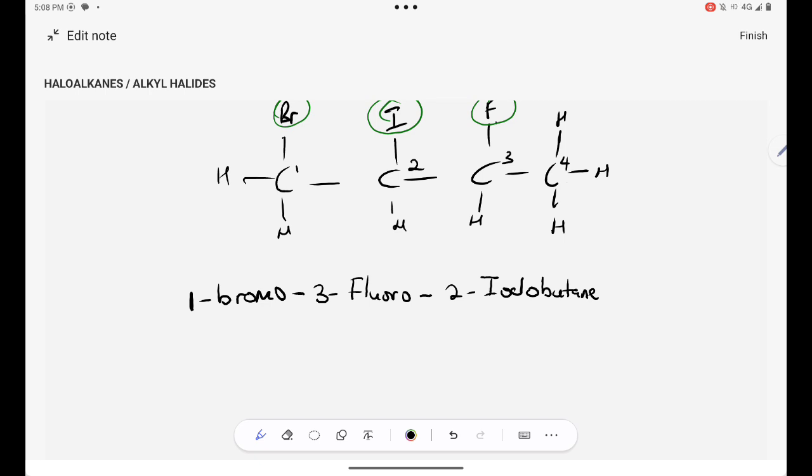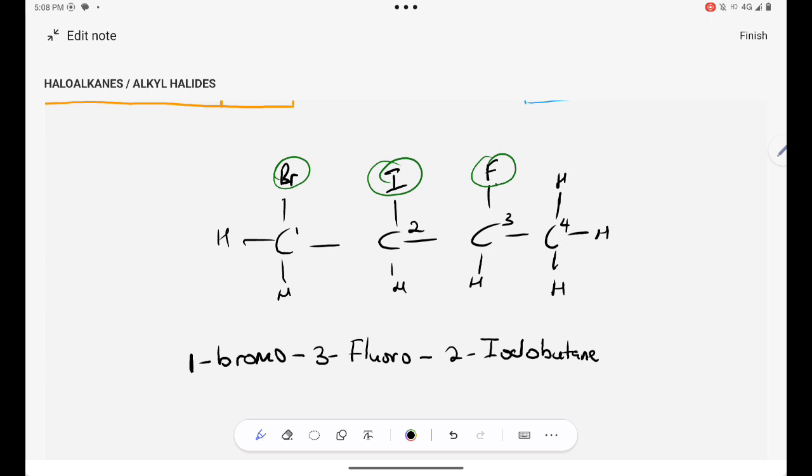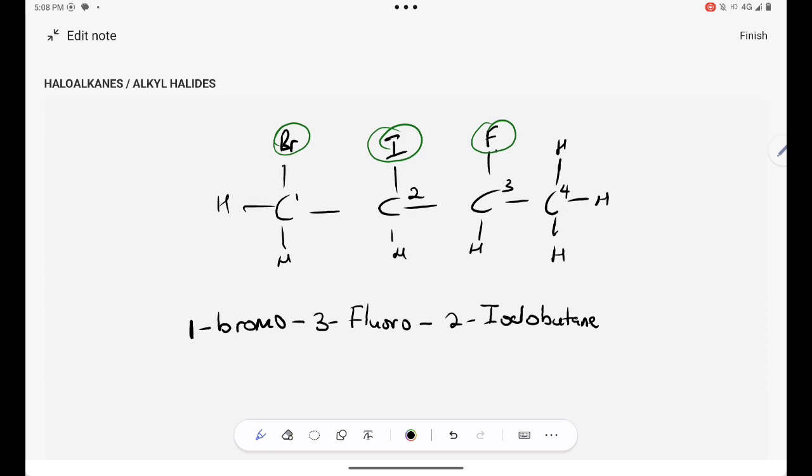Are we together? The IUPAC name will simply be 1-bromo-3-fluoro-2-iodobutane. Are you together? That's how you name these things, guys. Okay, sometimes it happens that you have side chains as well.